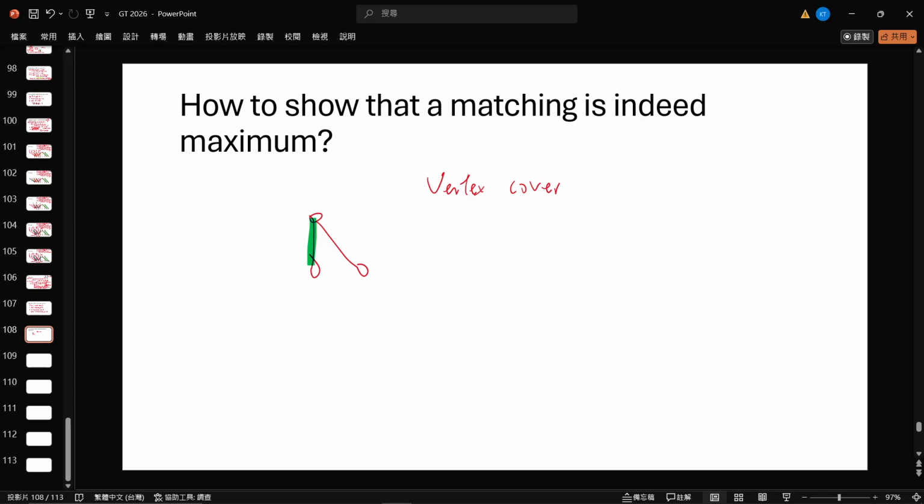Yeah, but I'll first define the problem and explain to you why these 2 problems are related, why it helps to study the problem, okay? So the concept that we're going to define is called vertex cover.